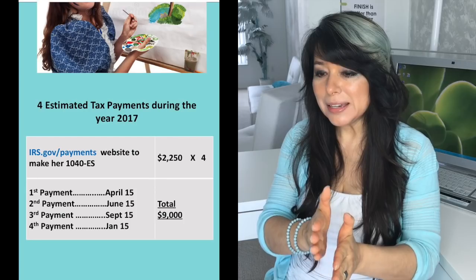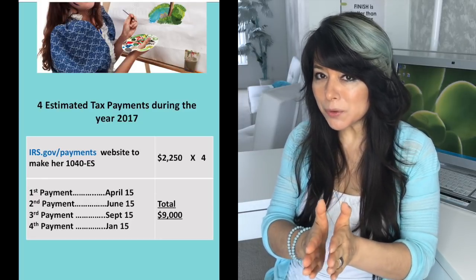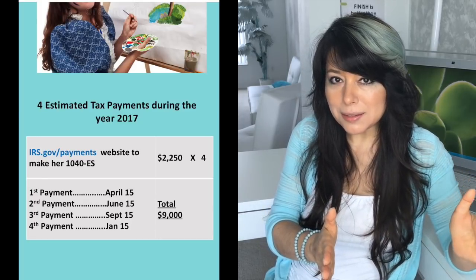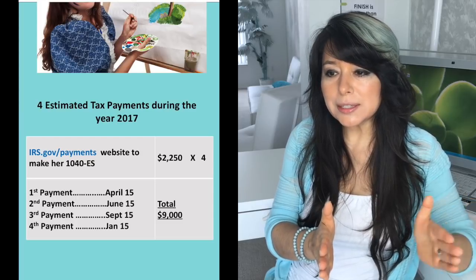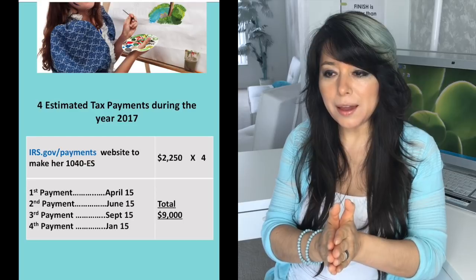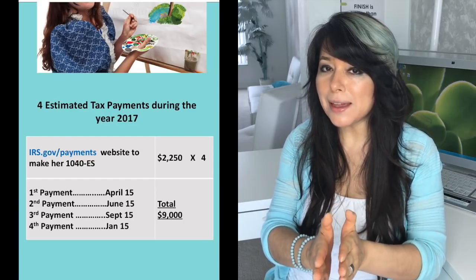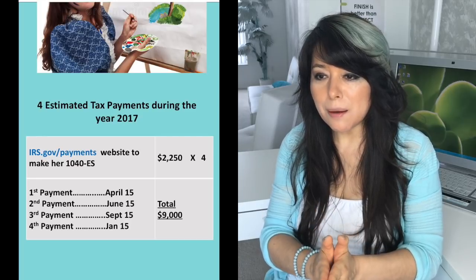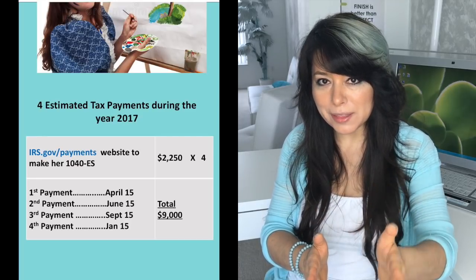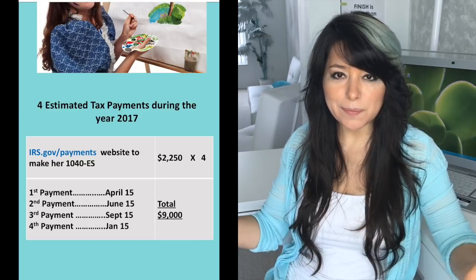Well, in that same year, she has decided to pay $9,000, because the IRS requires you to pay at least 90% of the amount of taxes that you are paying for that year. So in Hadassah's case, she decided to pay $9,000.